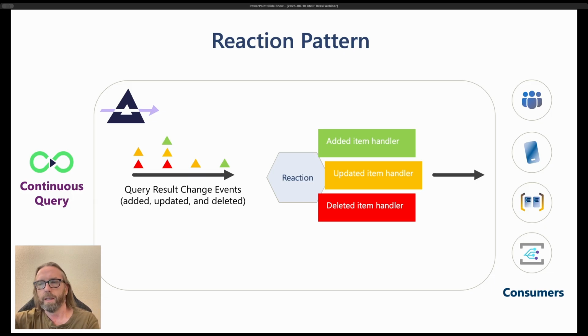So this could be maybe as simple as a templated email, and the reaction knows to use the new employee at risk template and just puts in the data that's coming from the continuous query. Whereas when an employee has been removed from the set, the deleted item handler might use a different template saying, hey, this employee is now no longer at risk from this incident. And that would then be sent to the employee and the HR and then the manager.